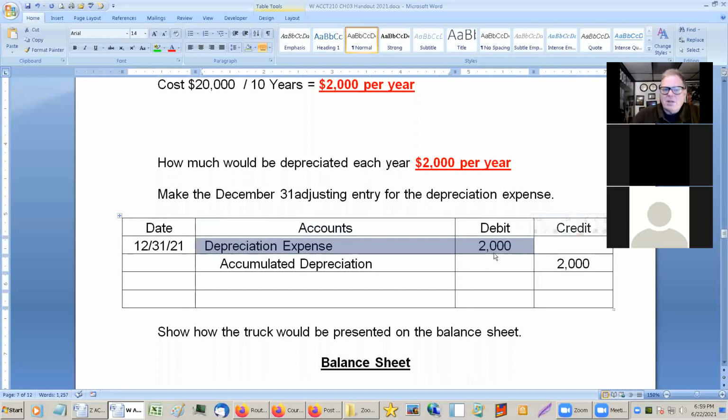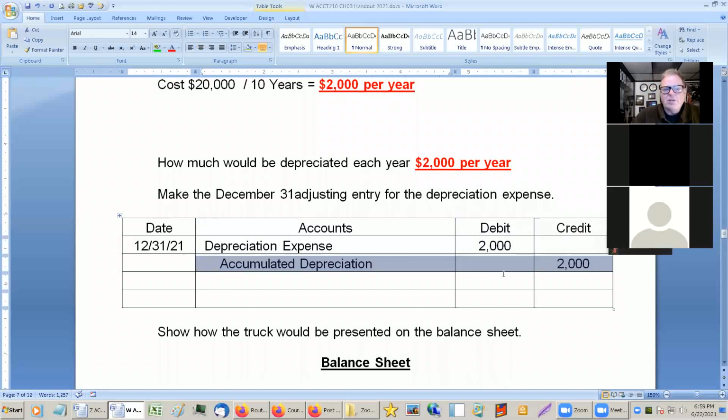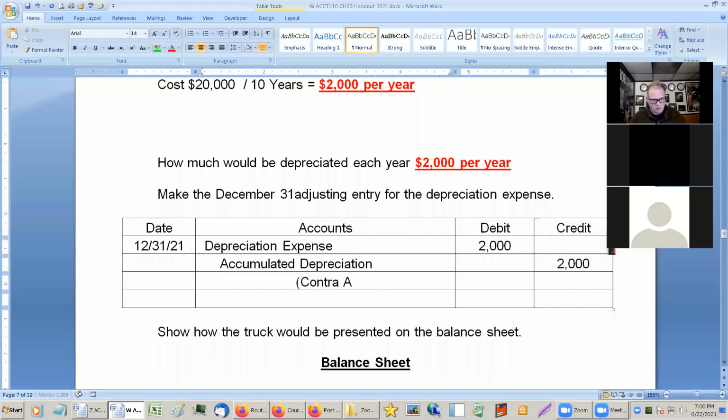Now, this depreciation expense, you guys know about expenses. They go on the income statement. No big deal there. Accumulated depreciation, this is something fairly new. This is a contra account. A contra account means it goes against some other account. So it's contra to this other account.